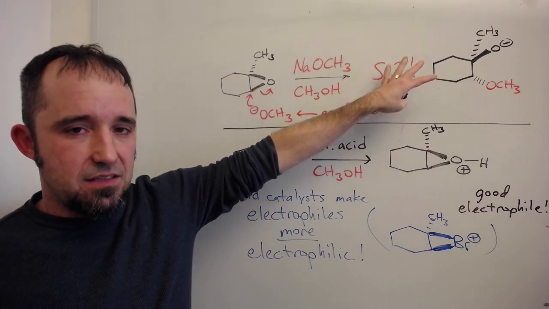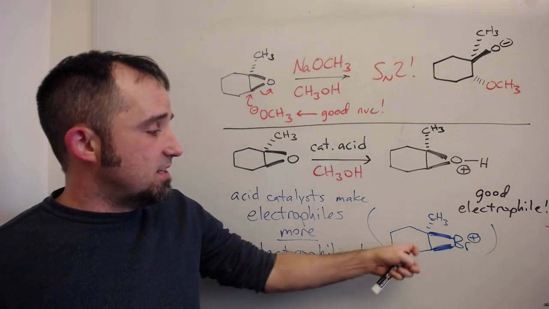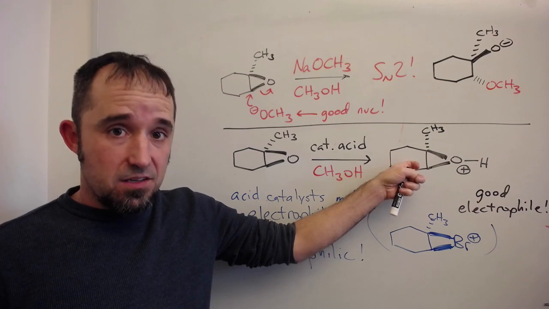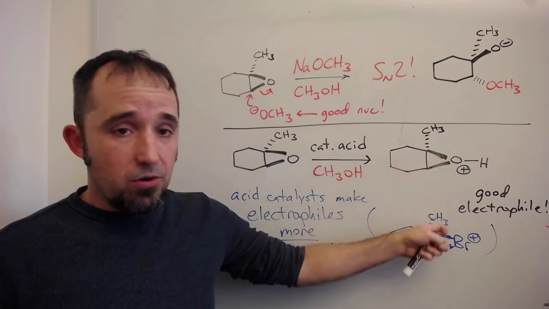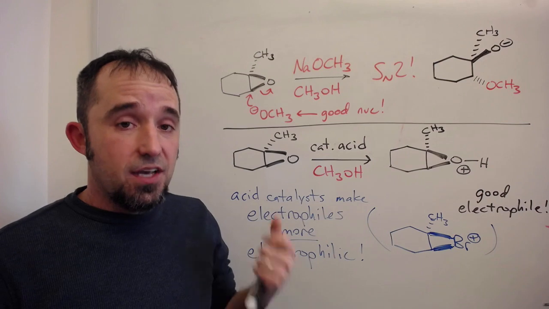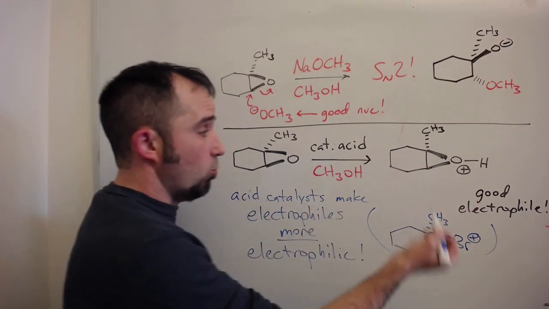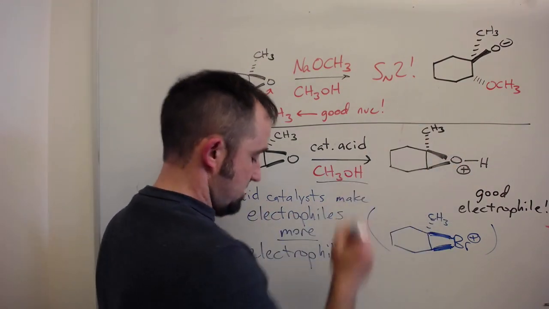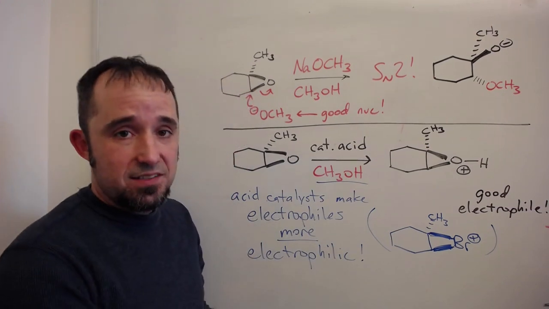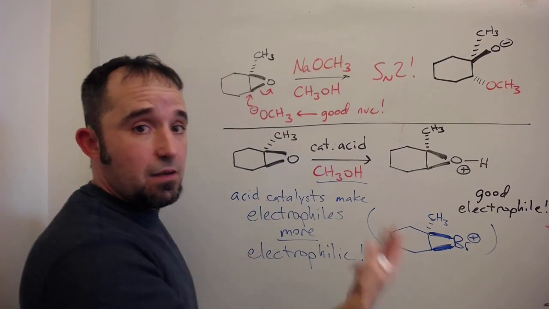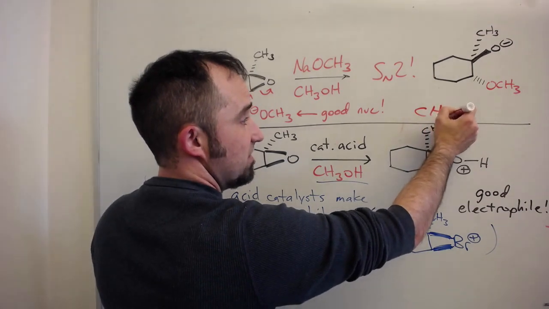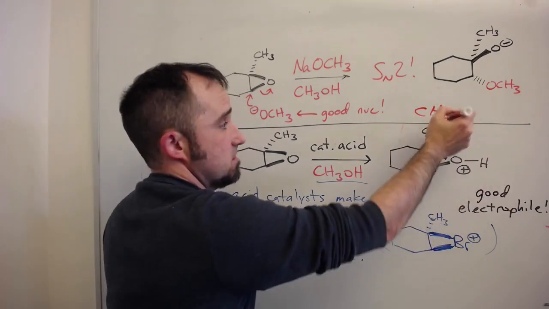The selectivity is different, and it's actually the same for this. So both are three-membered rings, both have positive charge. In both cases, my weak nucleophile, which in this case is still methanol, is going to attack the more substituted end because that's where the positive charge is.